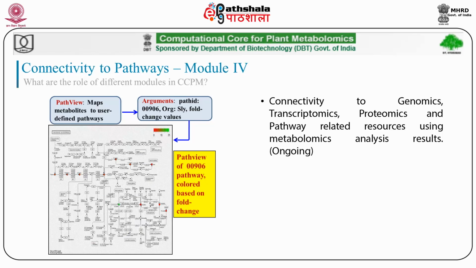So you can see two types of colors in these plots, and if they are not changed, that is also shown here. And here is an example of connectivity of genomics, proteomics, transcriptomics and the pathway under the platform of metabolic analysis.